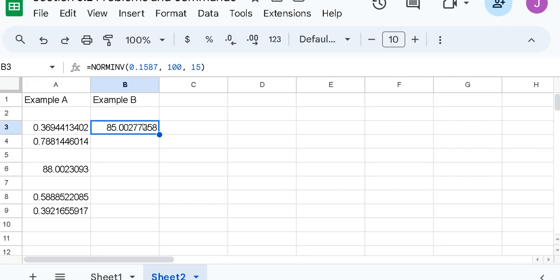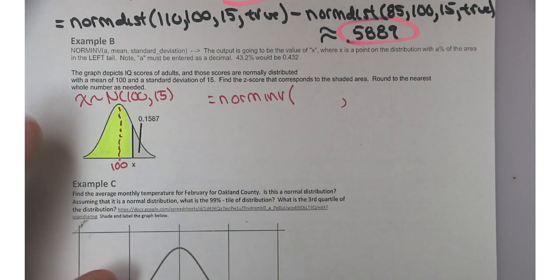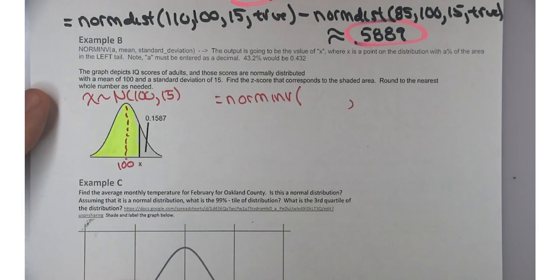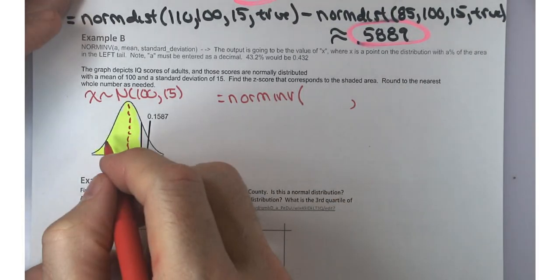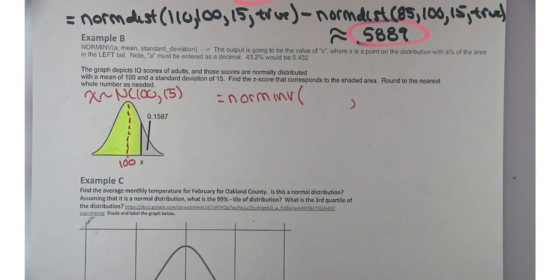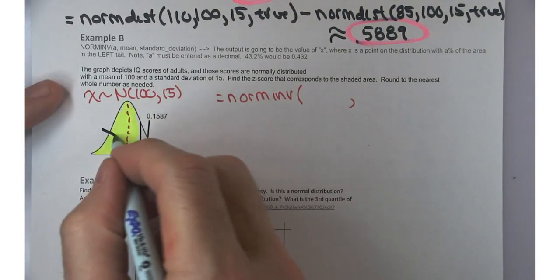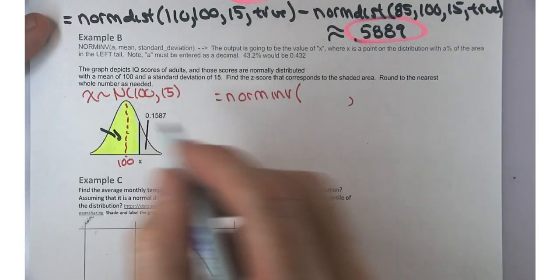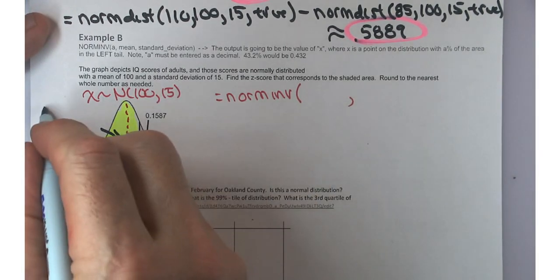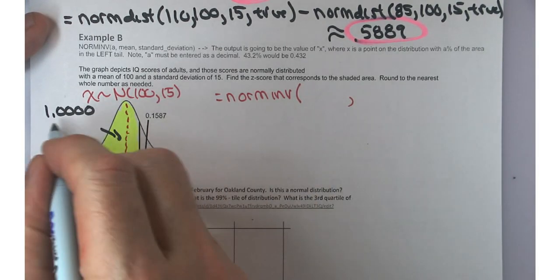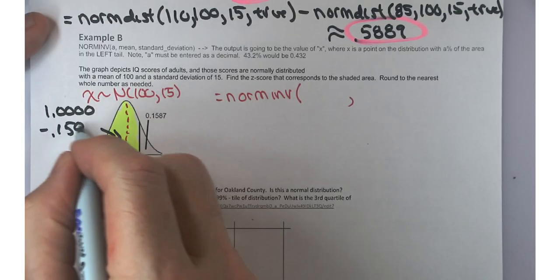And the something wrong is that the way Google Sheets works is it works with the area in the left tail. So how much area is in the left tail? Or how can I find out the area right here? Yeah, so you're going to take 1 minus 0.1587.